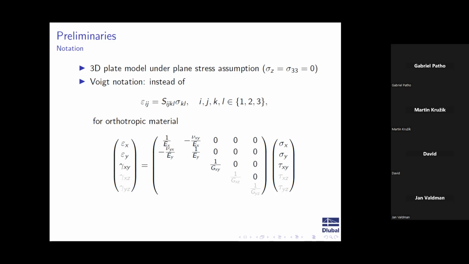Usually we define one as an input parameter and we get the other one. Also, just a notation, my gamma xy is 2 times epsilon 12 in the mathematical notation.